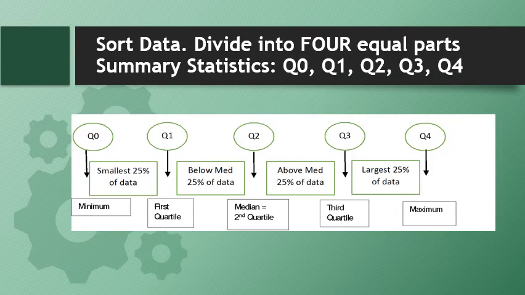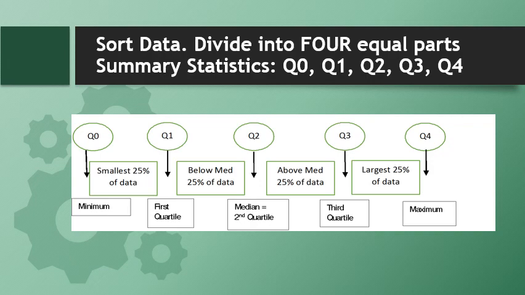So here's a picture of how we calculate the quartiles for a data set. First, we sort the data from the smallest number to the largest number. And this can be done with a click in Excel. Then we divide the data into 4 parts of equal size. The very bottom, the smallest data, the minimum value, we will call Q0, the 0th quartile.